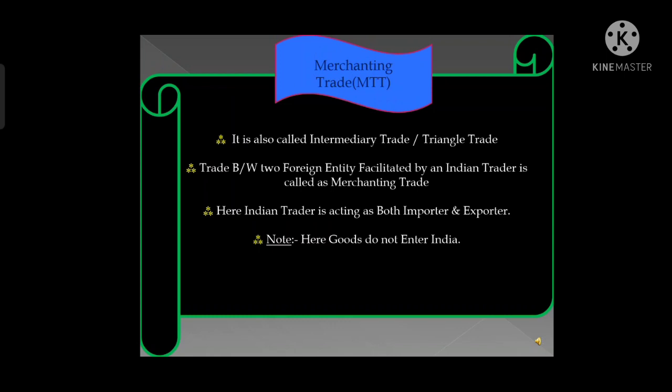If the goods enter the domestic territory of the intermediary, then that transaction cannot be classified as a merchanting trade transaction. So for a transaction to be classified as merchanting trade, the goods shall not enter the domestic tariff area of the merchanter.